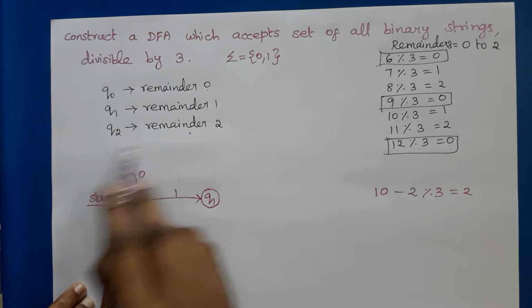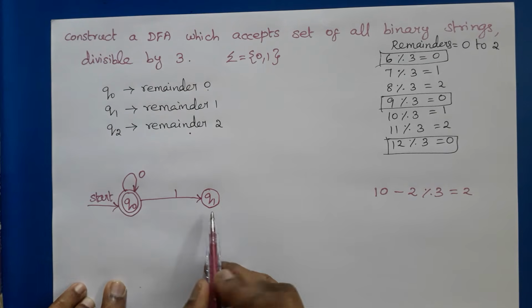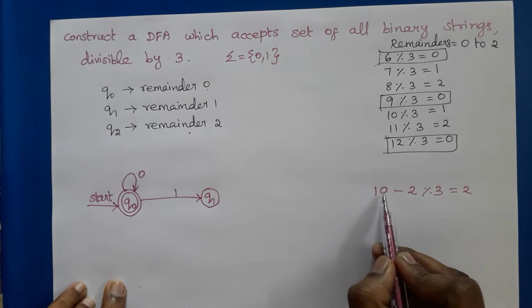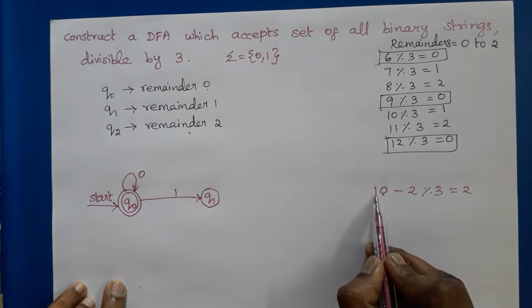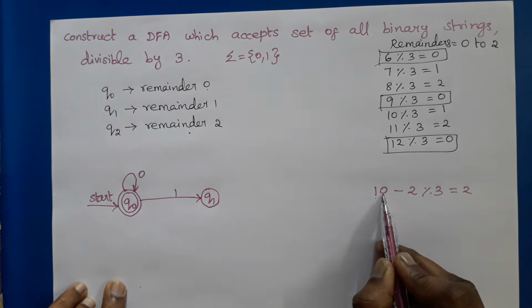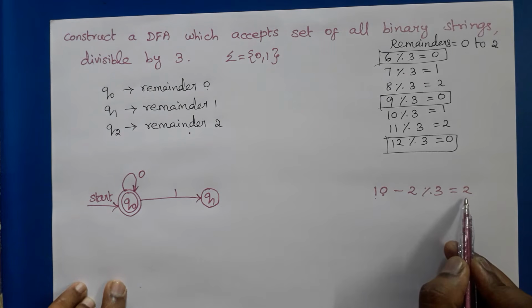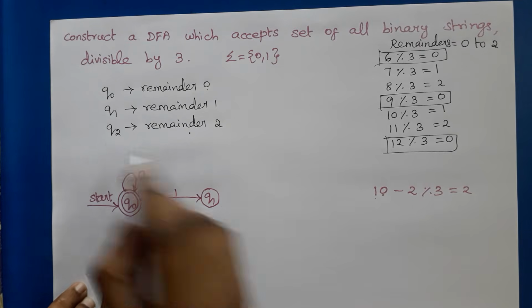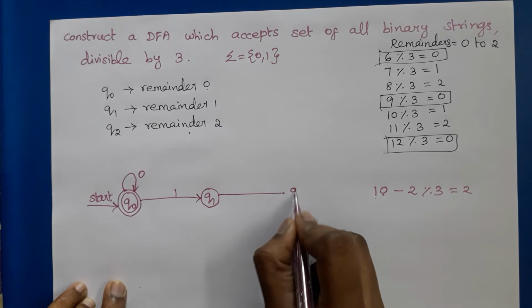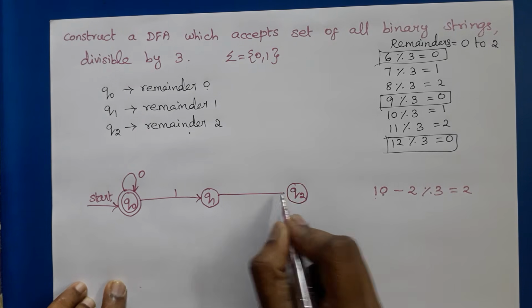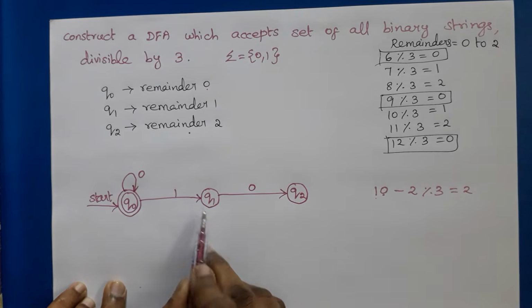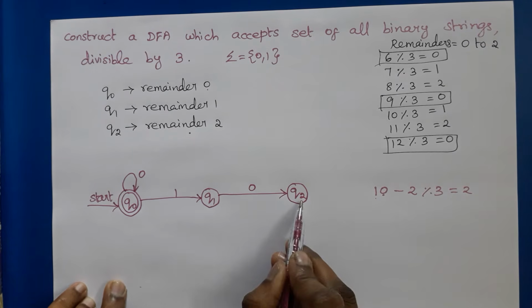So remainder 2 means it should go to Q2. So from Q1, 0 goes to Q2.